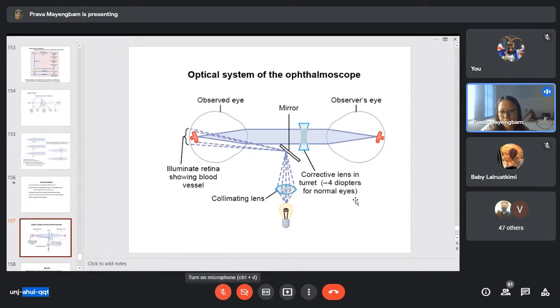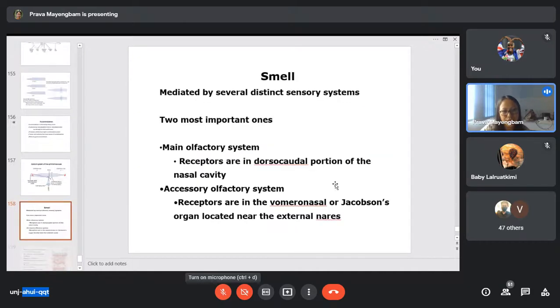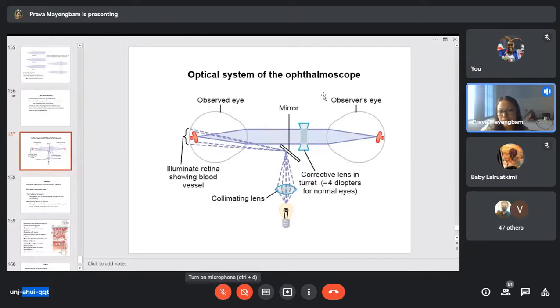You will never be asked how it functions. It consists of different lenses and so on. If you are interested, have a look and go through it. If not, leave it. But what is an ophthalmoscope? An instrument used for examining the eye.